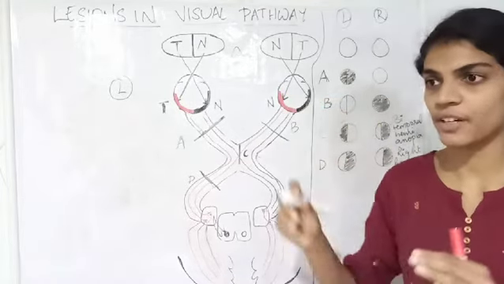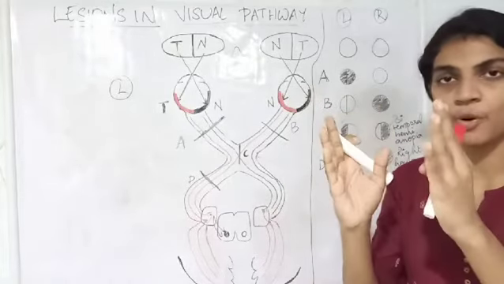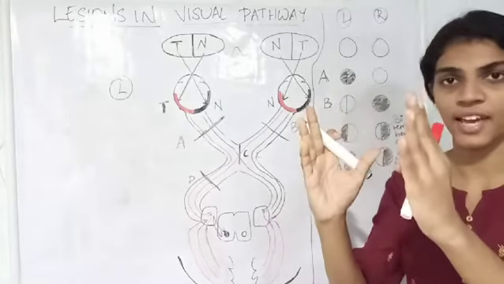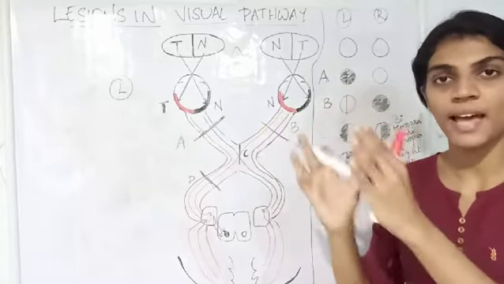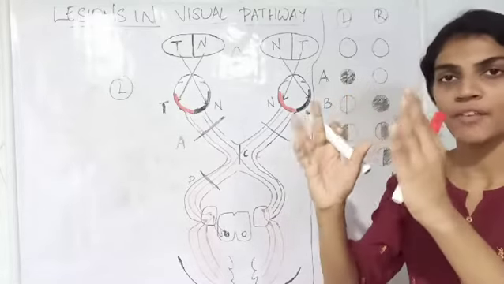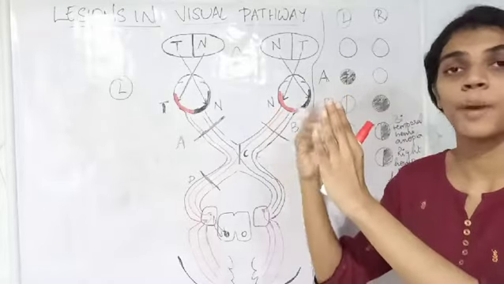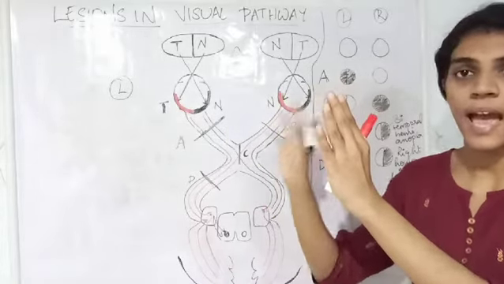If suppose the nasal has gone blind, only the temporal, only one half is there and the other half is blind, such a condition is known as hemianopia. Only half we can see, half is blind. That is hemianopia.